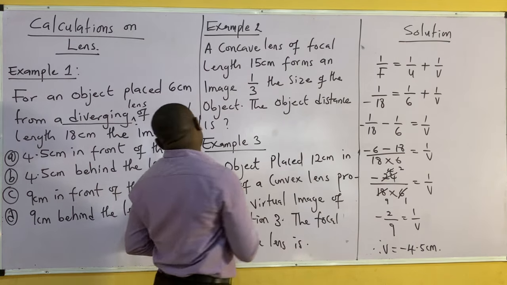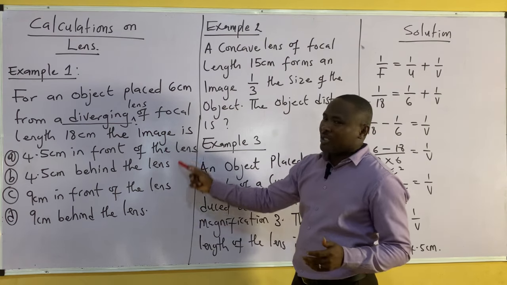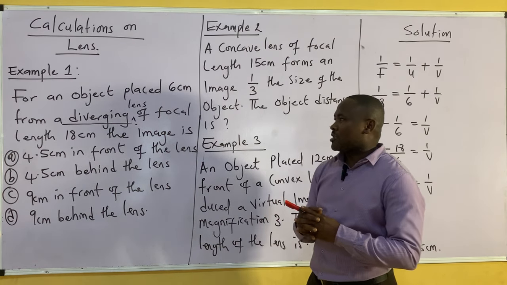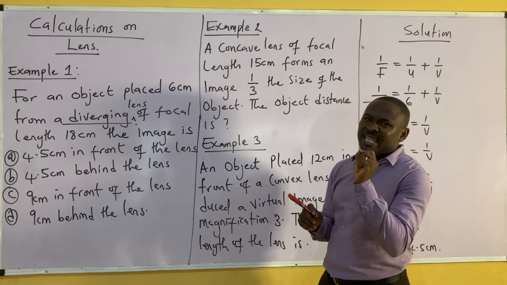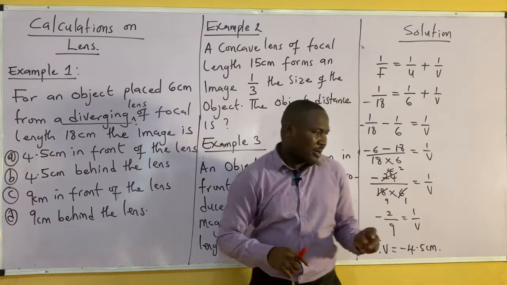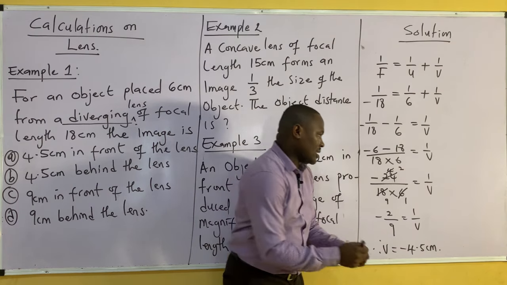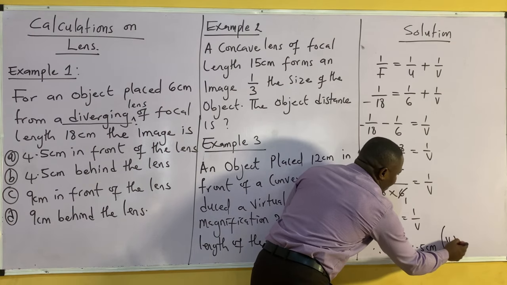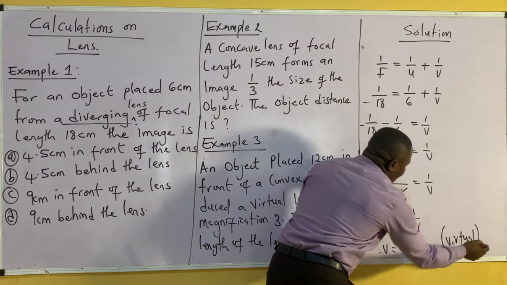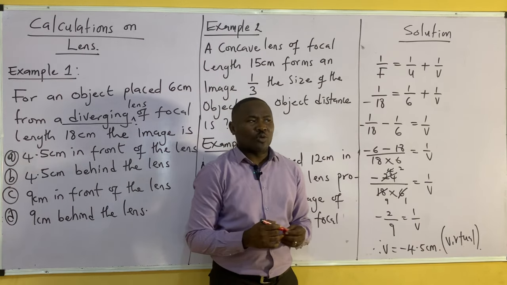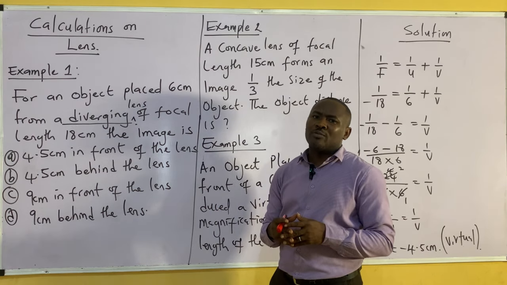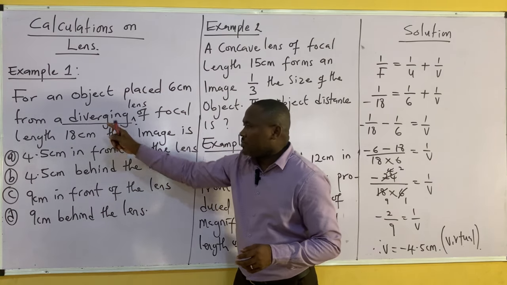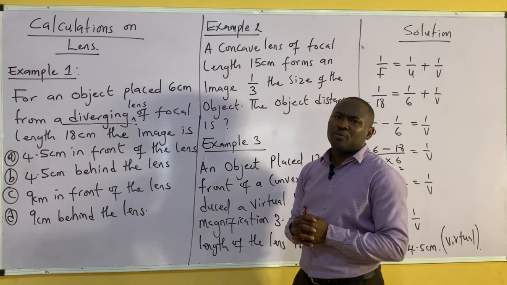Now, if you look at the way the options were given to us, it does not show a minus sign. Why? Because the minus sign is indicating something. What is the minus sign indicating? It indicates that the image is virtual. Now the question is, where is the position of a virtual image in a diverging lens?